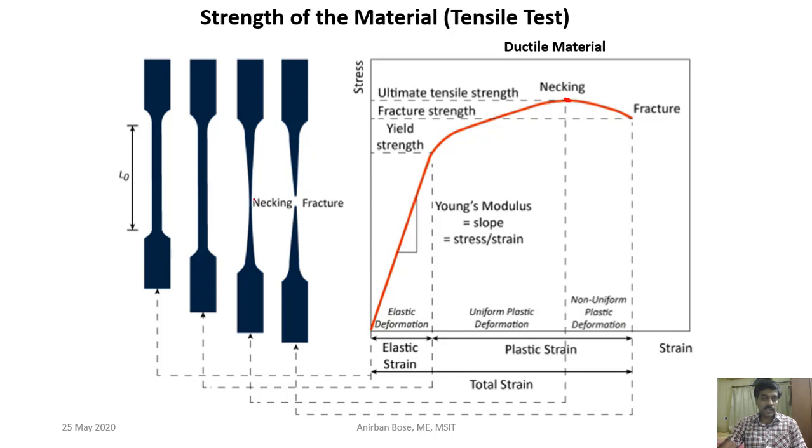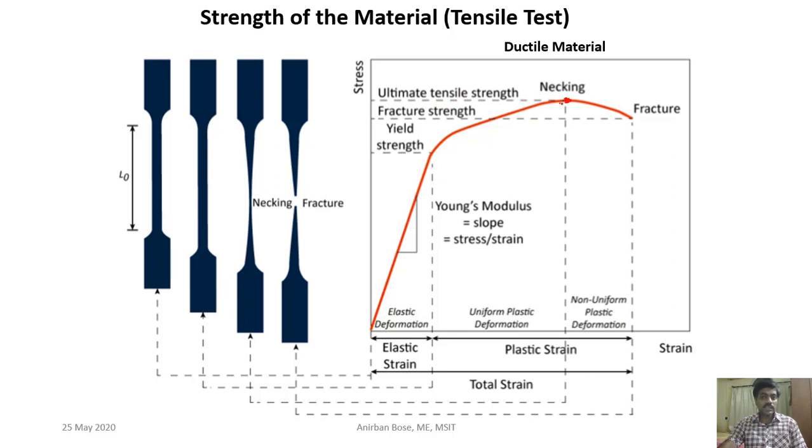At a particular cross section, suddenly its cross sectional area decreases. That formation is called neck formation, and ultimately it causes fracture. But this is the point where the engineering stress is maximum, and this point is called the ultimate tensile strength, or simply the tensile strength of the material.